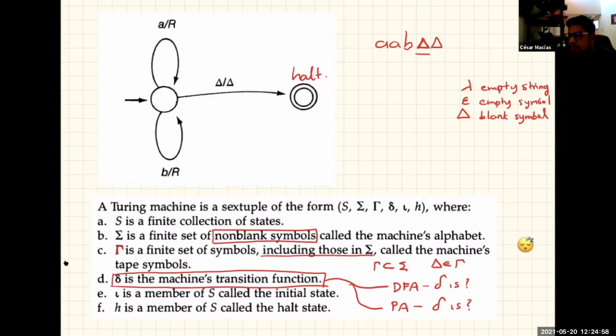Well, maybe the difference is that there is no delta in the push-down automata. Instead of delta, there is a T. That is a collection of deltas, I think. That the T is a collection of finite transitions. Okay, yes, very good.